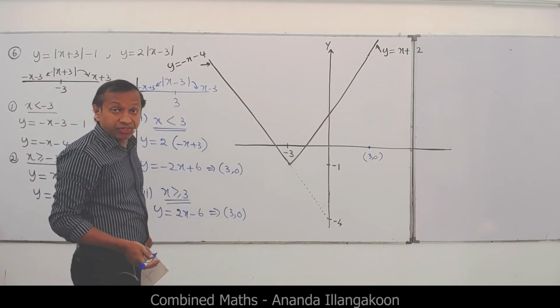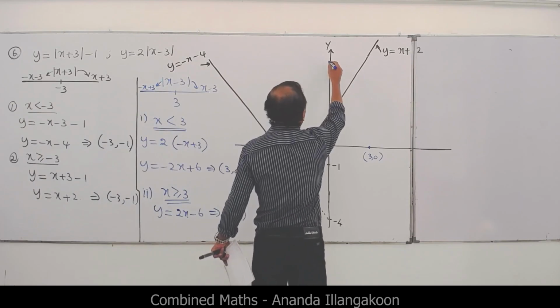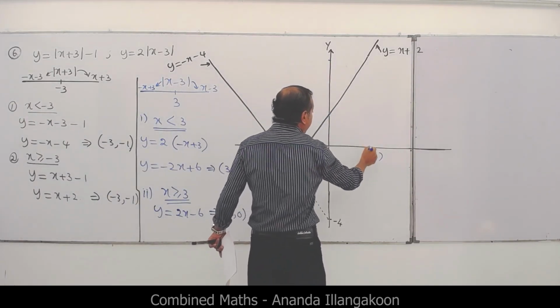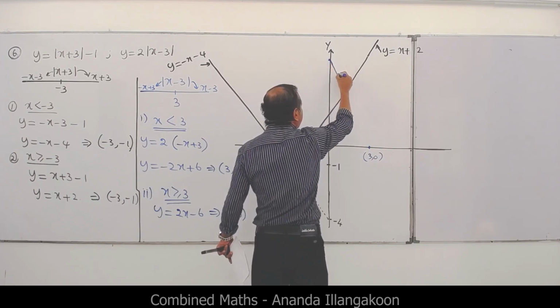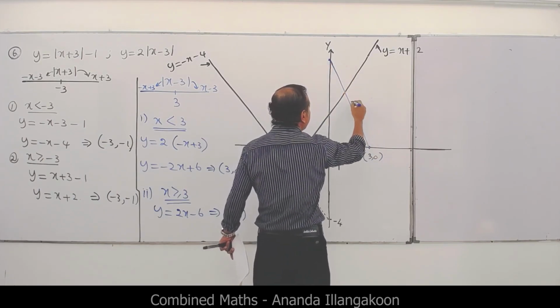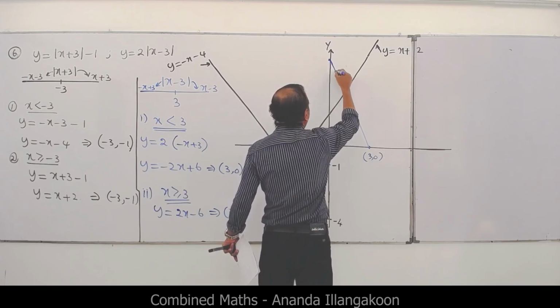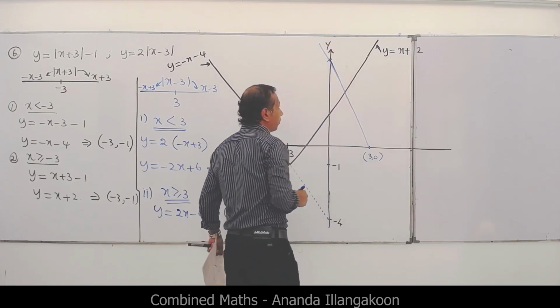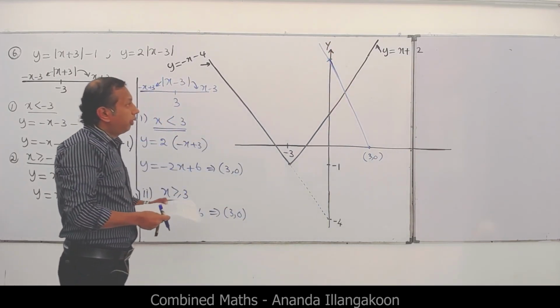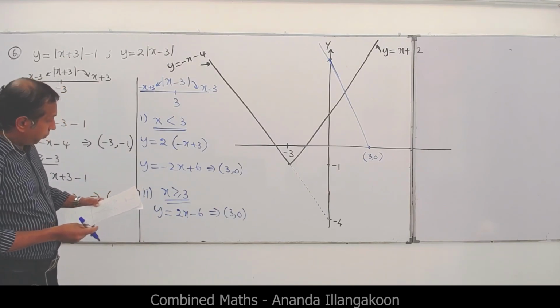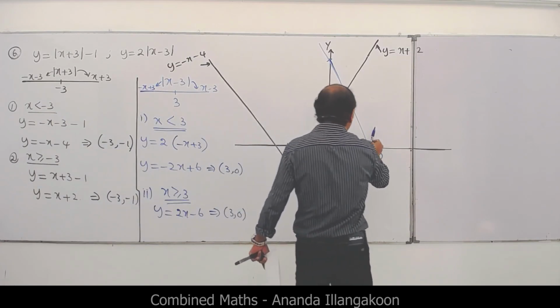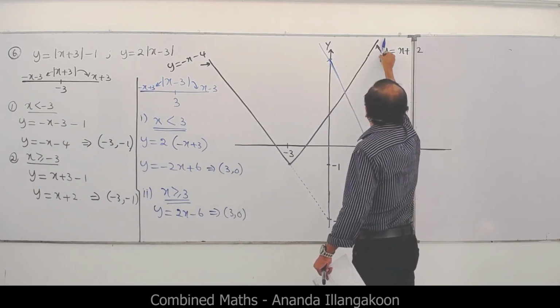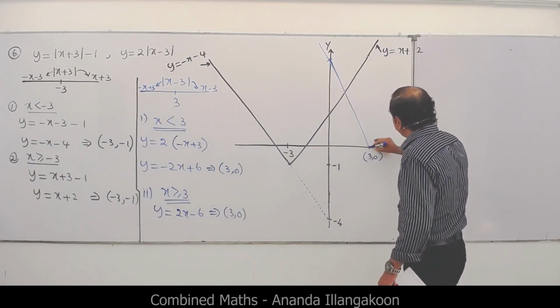The intercept is plus 6, somewhere here it cuts. This and this we have to join, the line passes this way, at 6. And the other one is 2x minus 6. Then the other line should be like this. I draw it like this.